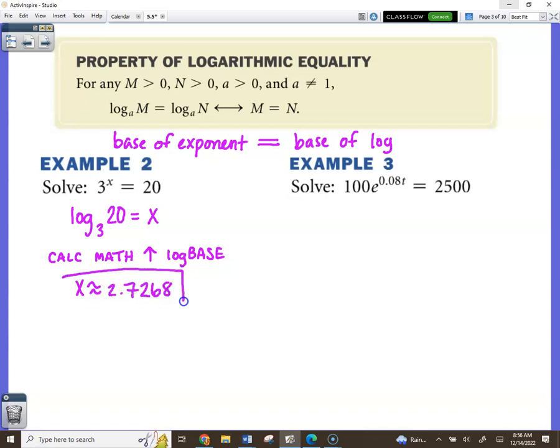Make sure your calculator is in real mode. Did you get that same decimal as me?